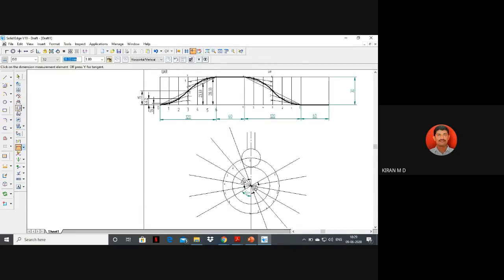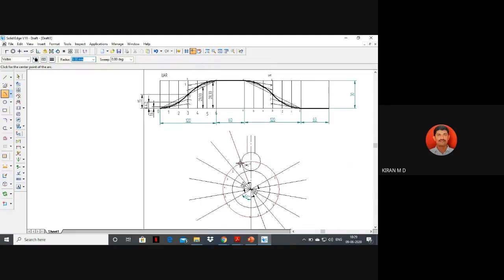So now I will take the compass. This intersection is the center. 1.67 is the radius. It will give the very small one.